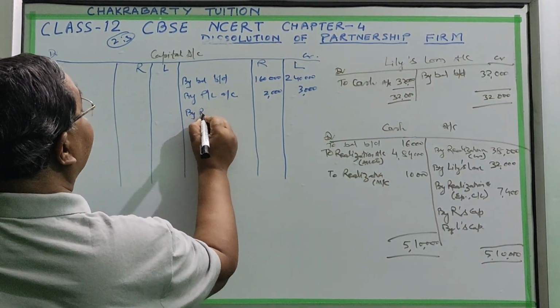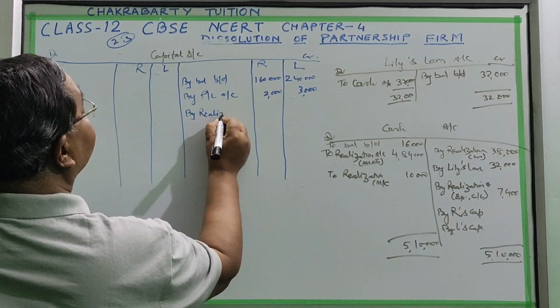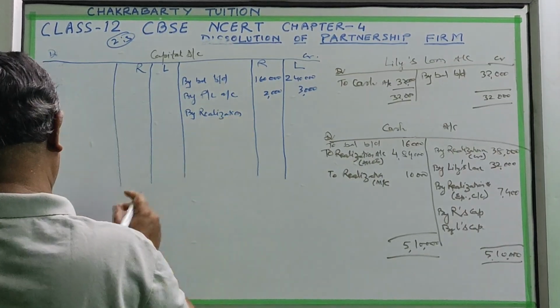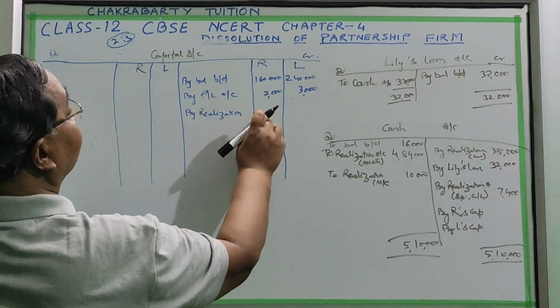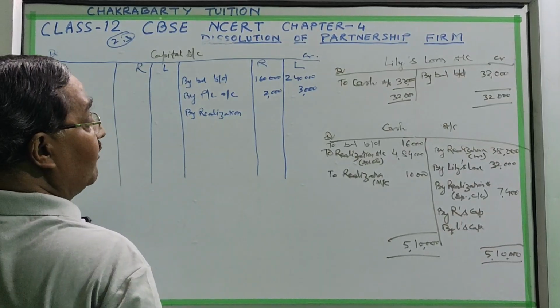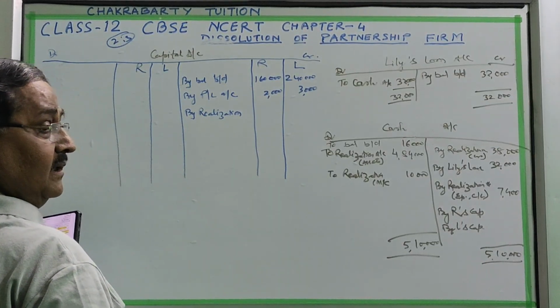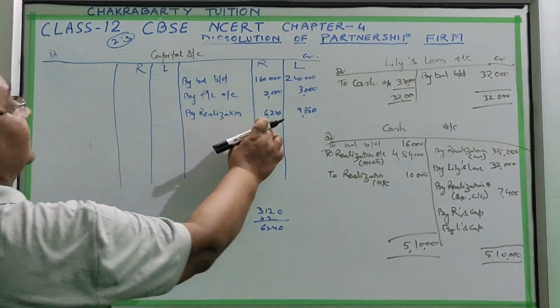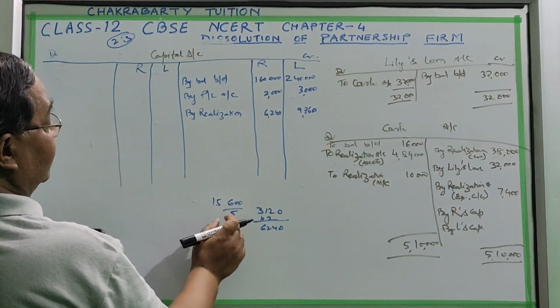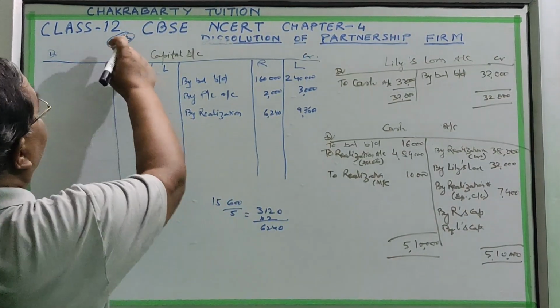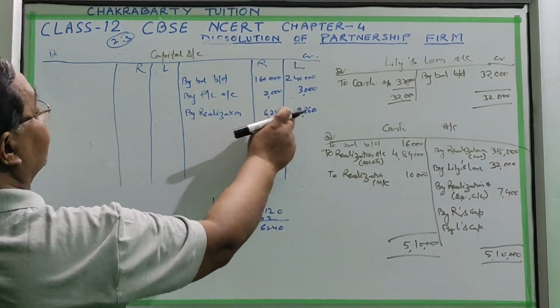By realization account, 15,600 was the answer. So that will be divided, and we will put it here. In the previous we have done it. That 15,600 we have divided into 2:3, so we have put the answer here.